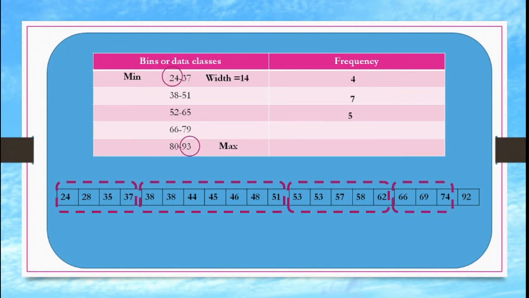There are only 3 data available, so we will put 3 in our frequency table, right? Your computer will do it quickly, but manually we have to understand. Now the last category is 80 to 93, and only 1 data is falling in this category, so we will write 1 for this category.